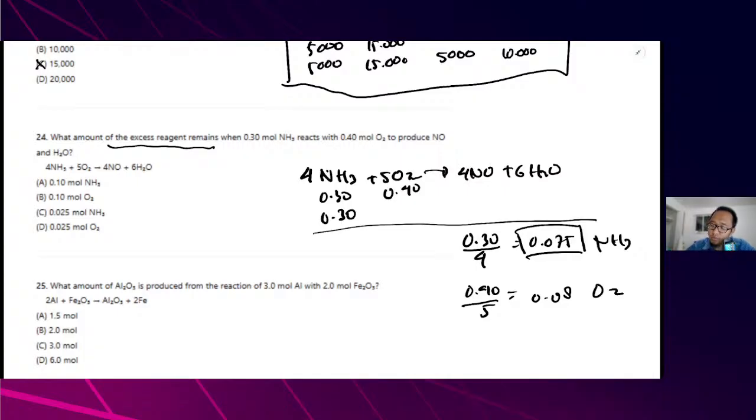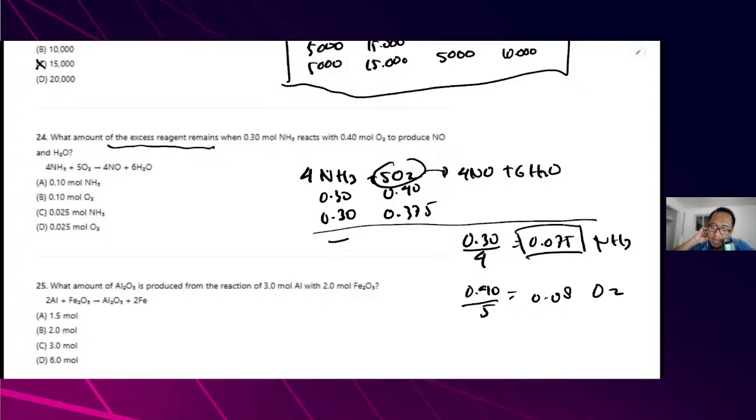Then 0.075 times 5, so this one is 0.375. Now the question is what amount of excess reagent remains. The remaining one is this one. Based on this information, NH3 runs out.